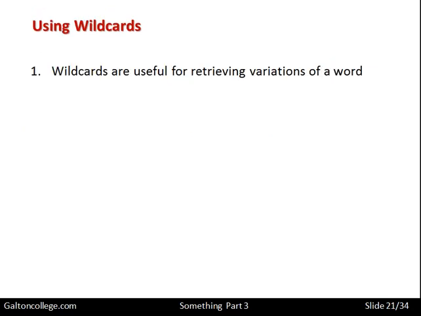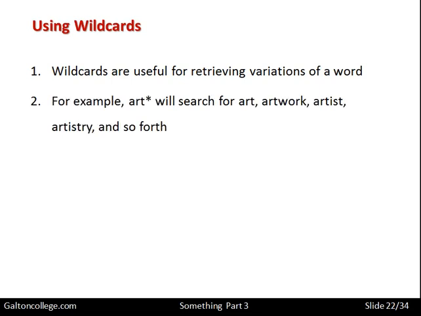We could also use wildcards. A wildcard is used for retrieving variations of a word. For example, art and the star sign will search for art, artwork, artist, artistry, and so on. So we only have the first three letters, art, but we want those three letters to appear, and we want words with those three letters at the start.